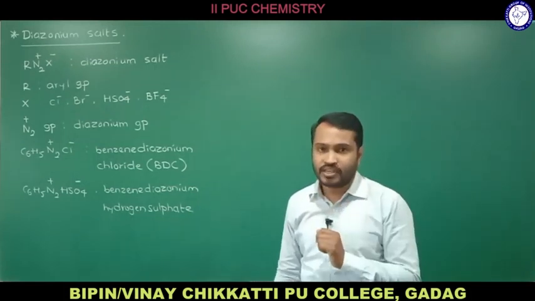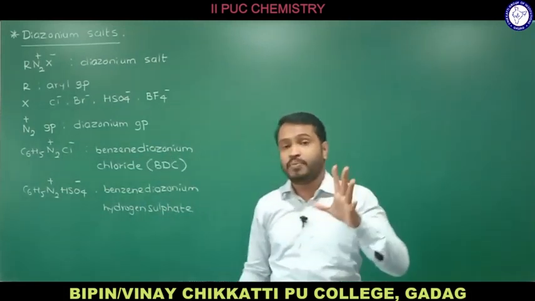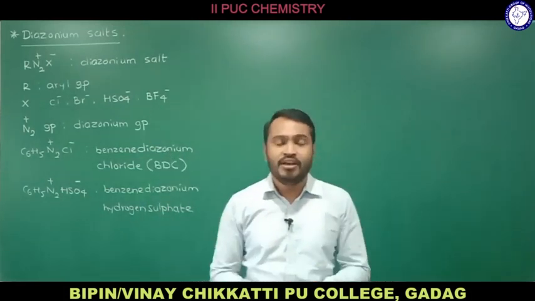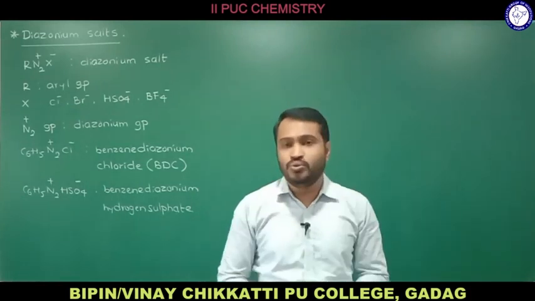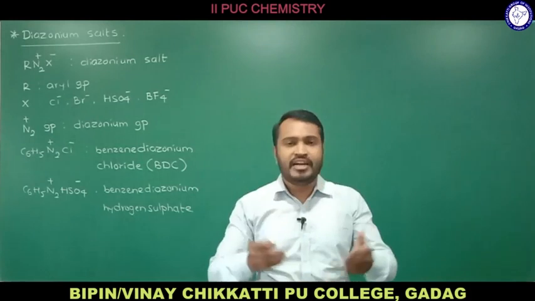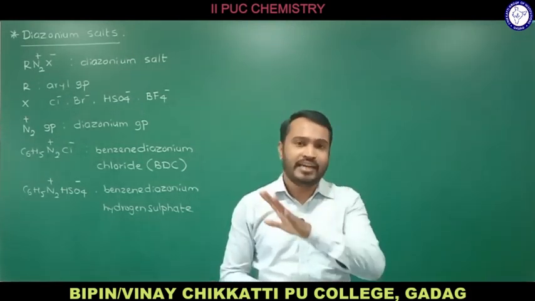Now, as we know how diazonium salts are prepared, we know that when amines react with HNO2, nitrous acid, we get the respective alkyl diazonium salt, or you can say aryl diazonium salt.